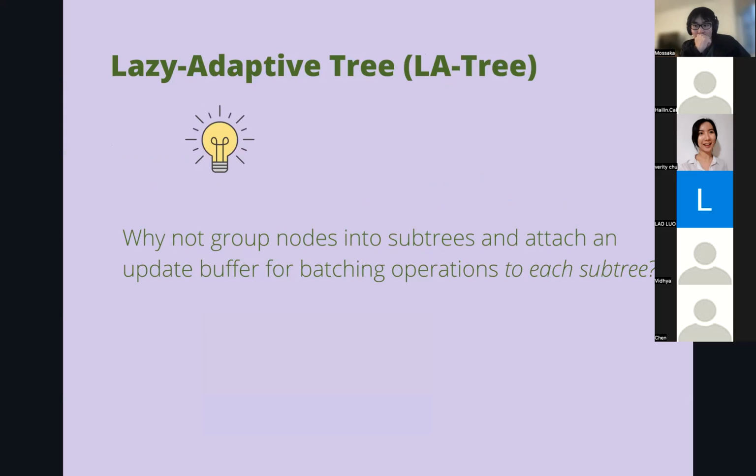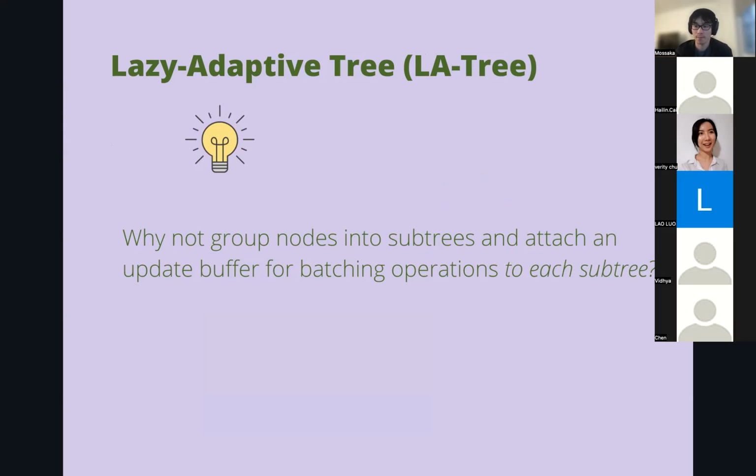So after seeing the previous example of the lazy B tree, you can see that each node has a clean page and also a dirty page, and the dirty page has its buffers. Whenever you have writes, you write into those buffers for each node.